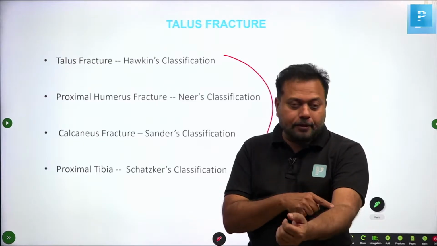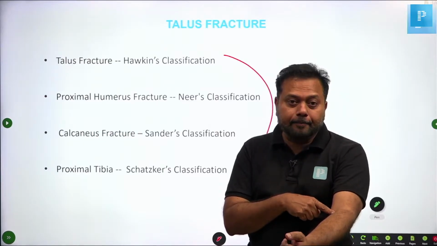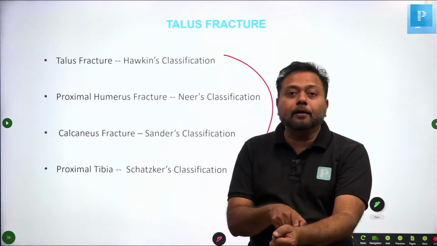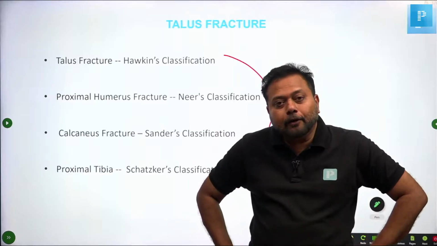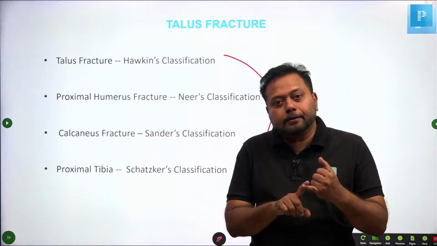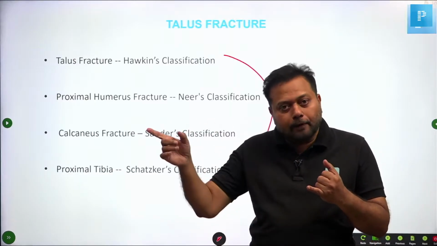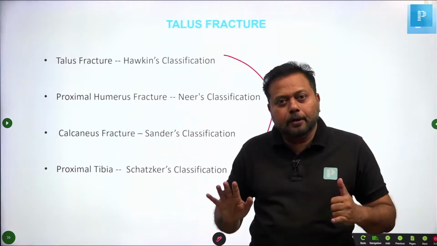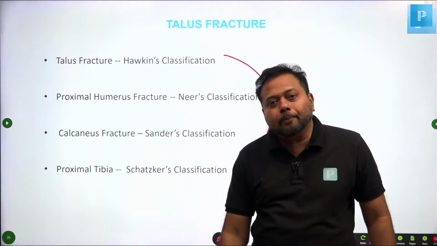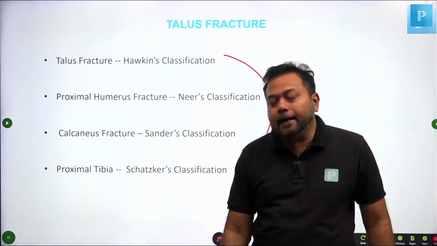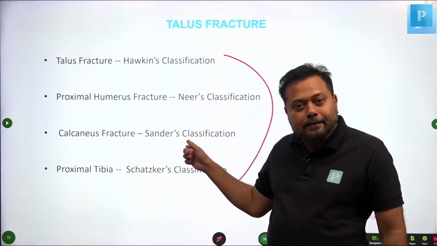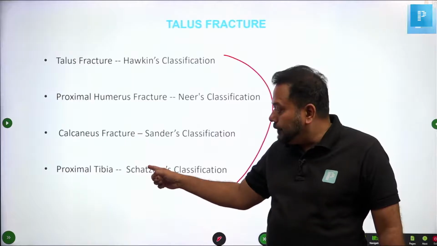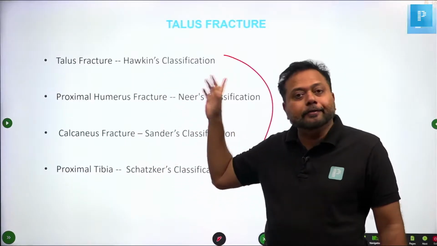Radial head, Mason. Distal radius, Frykman and Fernandez. Neck of femur, Garden's. I am telling only the standard. Pauwels is there, Delbet is there. Proximal tibia, Schatzker-Tile. Calcaneum, Sanders. Talus, it is Hawkins.